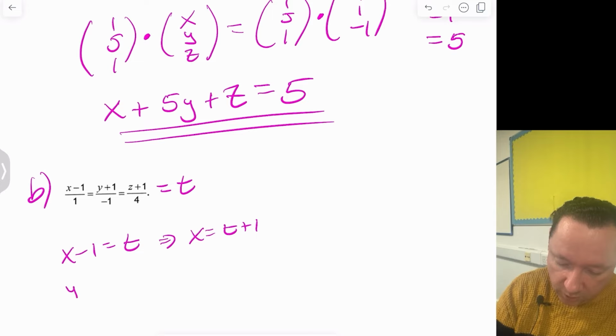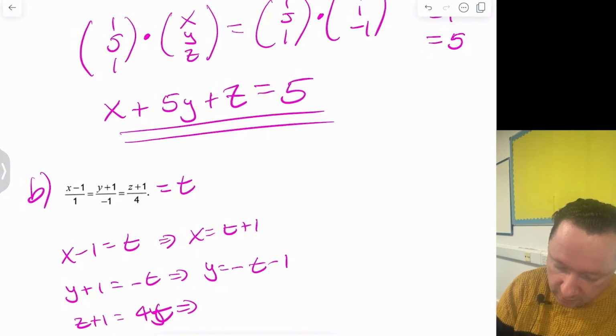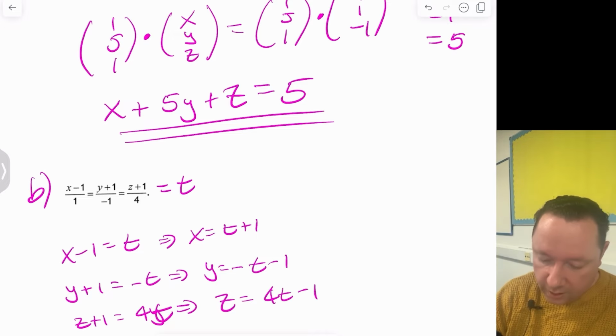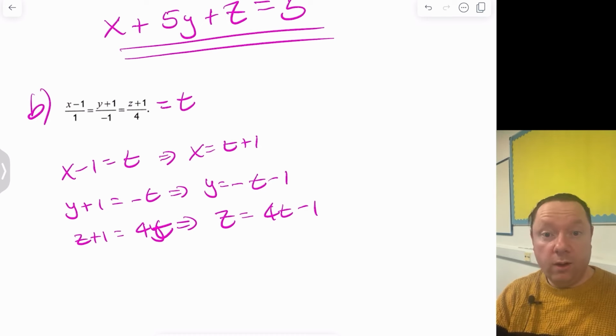I get y plus 1 equals minus t, which implies y equals minus t minus 1. And I get z plus 1 equals 4t, which implies that z equals 4t minus 1. So I've got my equations of the line and the point, so I'll just sub them in, and hopefully I'll get a contradiction if it doesn't work.